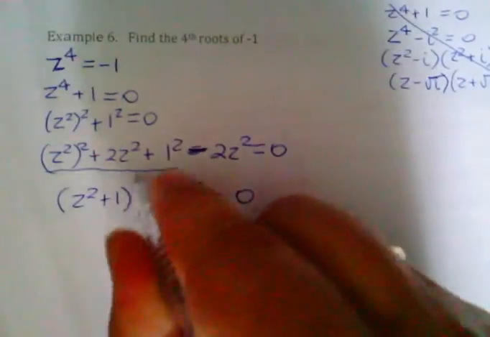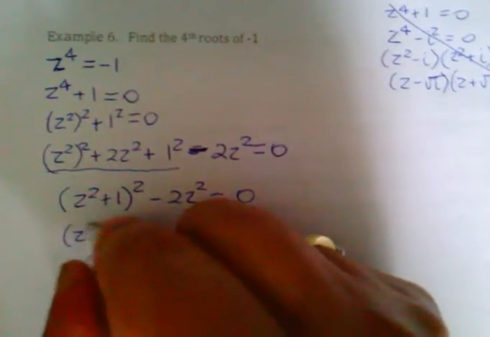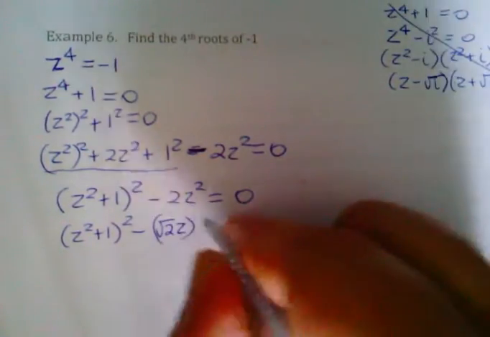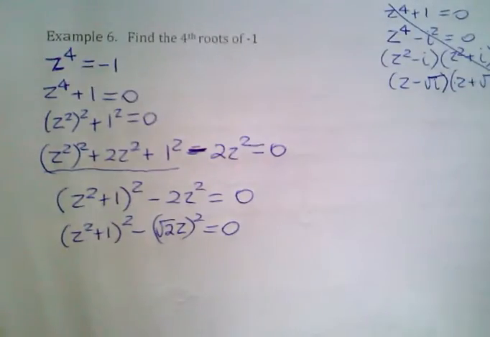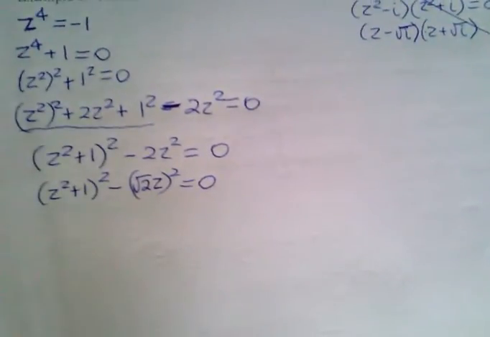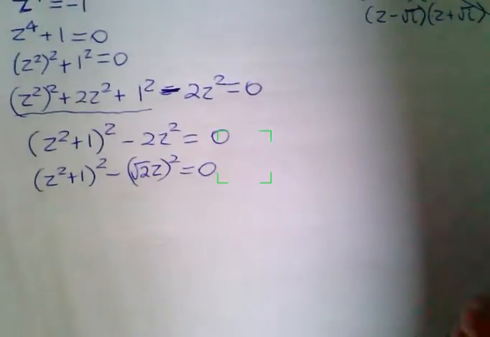Now, if I write this as a squared minus b squared, it would be z squared plus 1 all squared minus the square root of 2z all squared is 0. So now this is written as a difference of two squares, and I can continue.